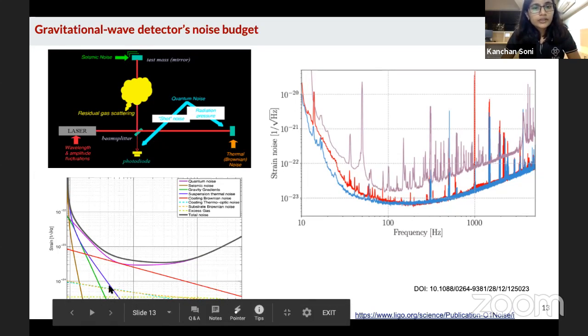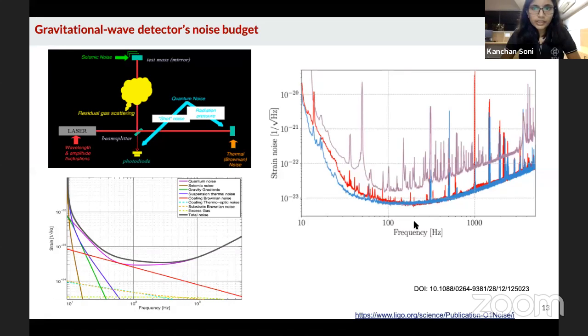Okay, so this is the total noise budget, and this is the sensitivity of the current system. We have blue colored sensitivity for LIGO Hanford, and red one for Livingston, and magenta for Virgo. This I'll explain in the next slide. But this is the noise budget we have to overcome in order to detect any signal.